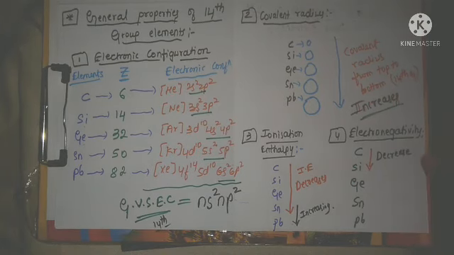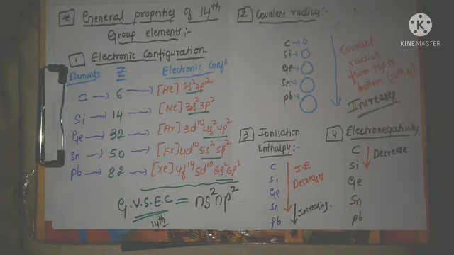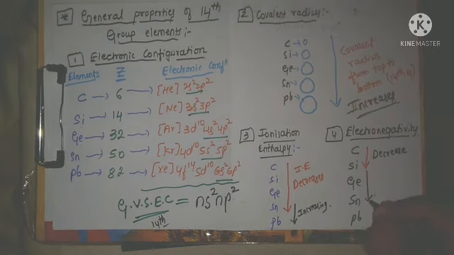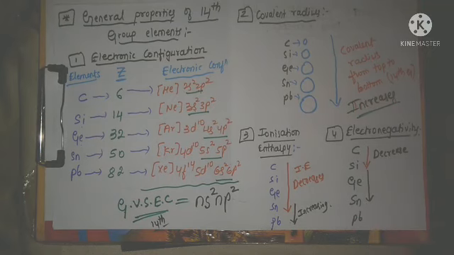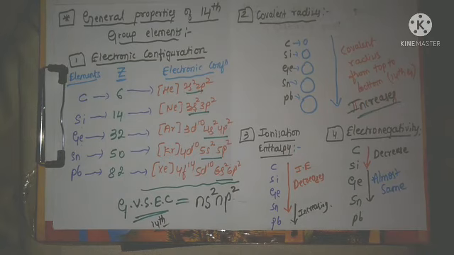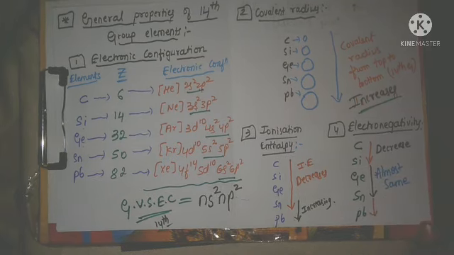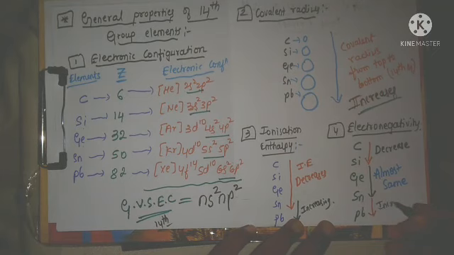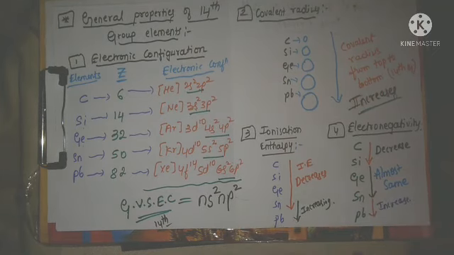From silicon to tin, the electronegativity is almost the same. Further from tin to lead, there is a small, slight increase in the electronegativity.